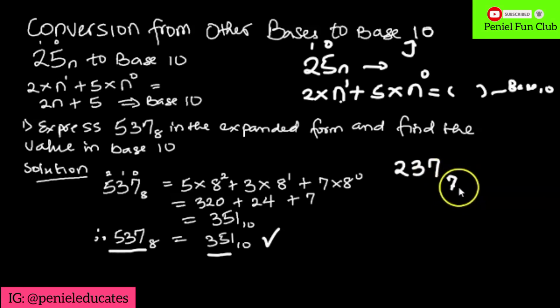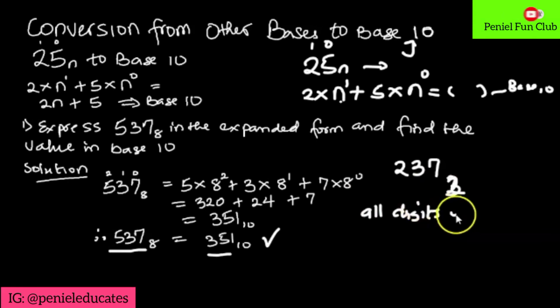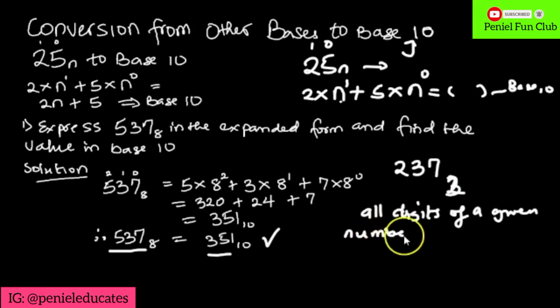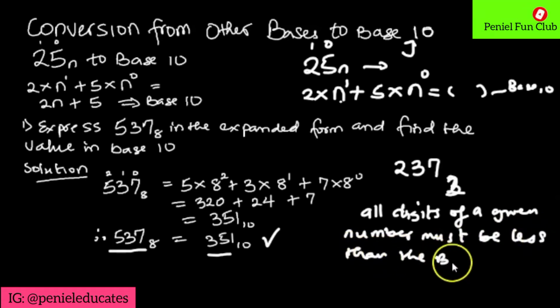You cannot have it as base 3. You cannot have it as base 2. All the digits here must be less than the base. Okay, let me write that. All digits of a given number must be less than the base.